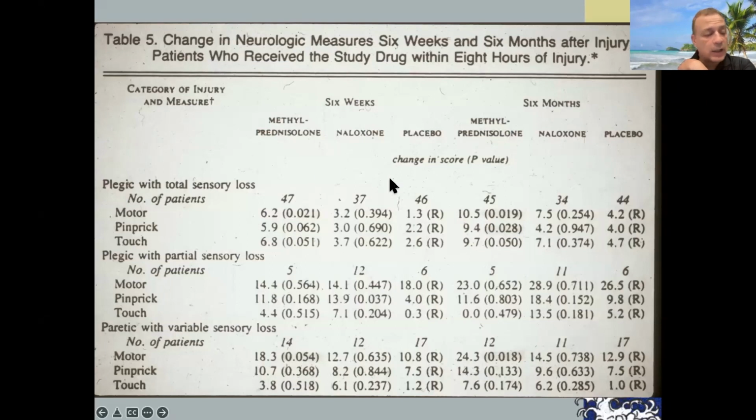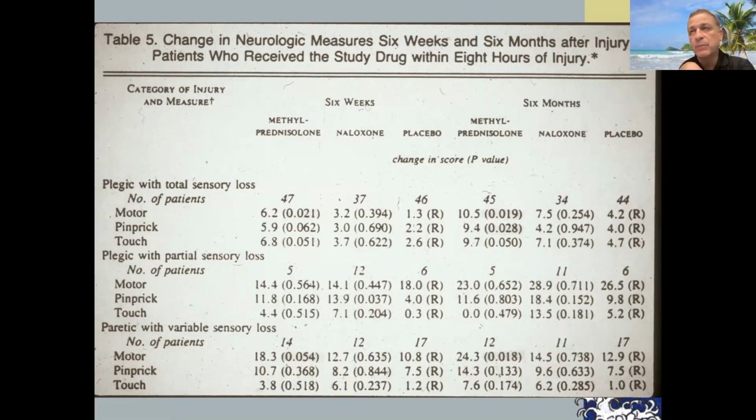This is a table from that methylprednisolone study showing that it was a very small subgroup that showed benefit, not the entire group. And one of the big criticisms is the 8-hour effect. So if they looked at the entire group of patients who were enrolled, there was no effect.